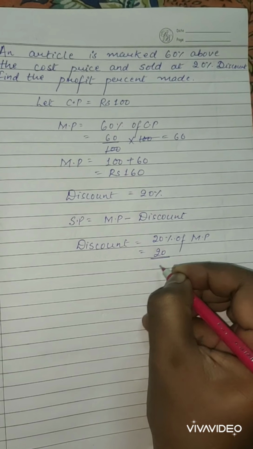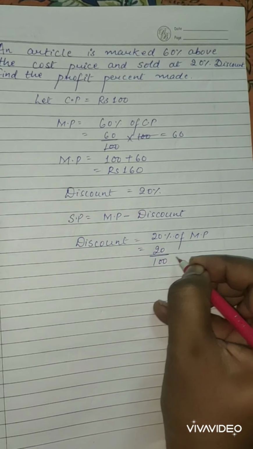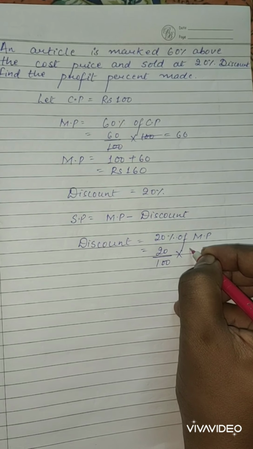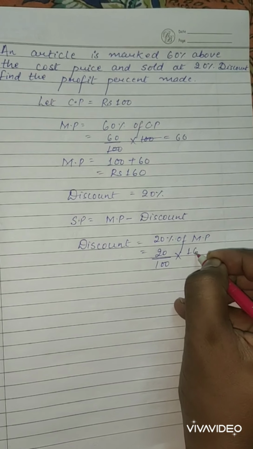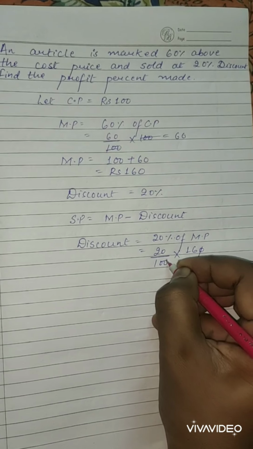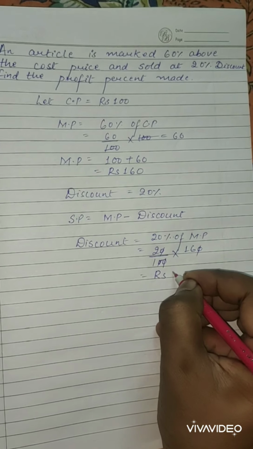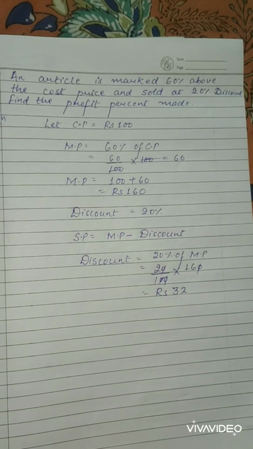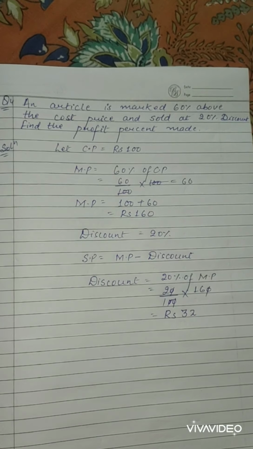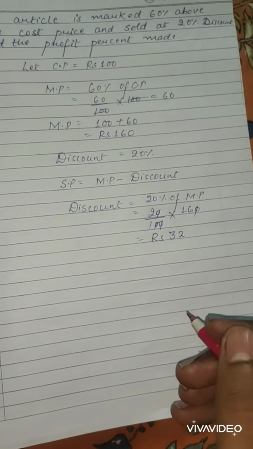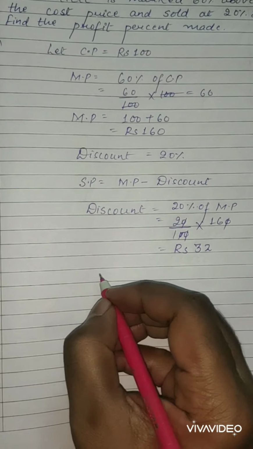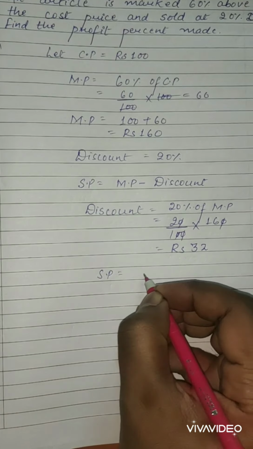So 20 upon 100, and mark price is 160, that is 32. Okay, now we can find out the selling price.